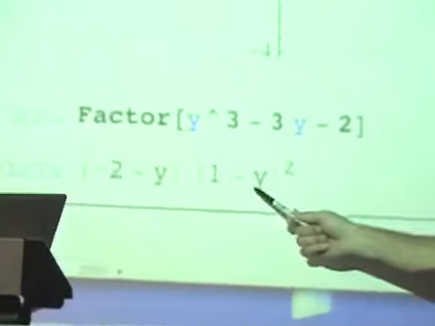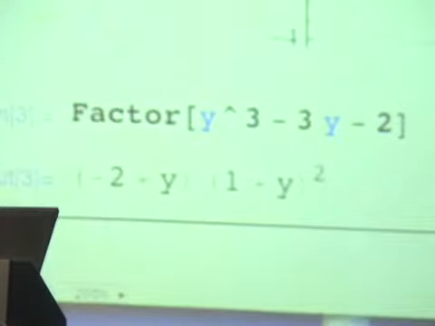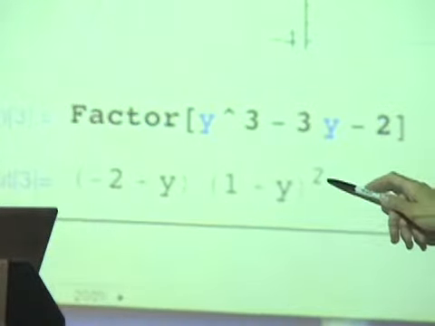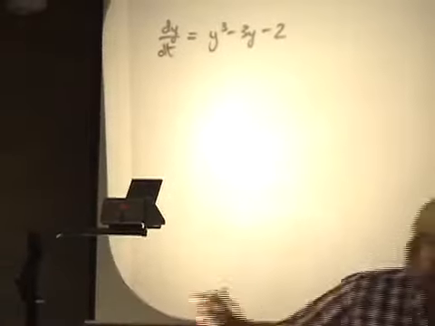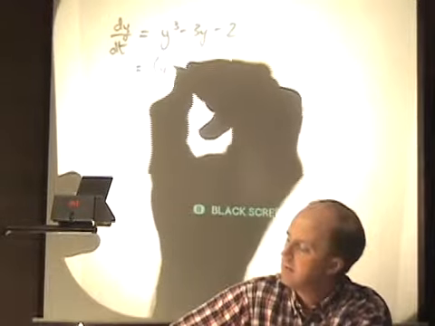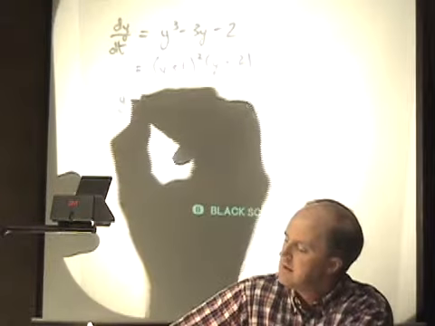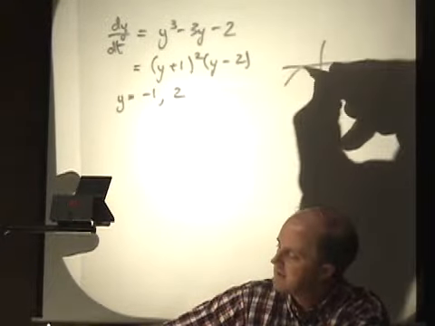This says y plus 1 squared. 2 is a regular root. y minus 2 is a factor. -1, in fact, is a double root, a root of multiplicity 2, because you've got 2 factors of y plus 1. So those are the only roots of this polynomial. This can be factored as y plus 1 squared times y minus 2. -1 and 2 are the roots, and the graph, as we saw, looks like this.